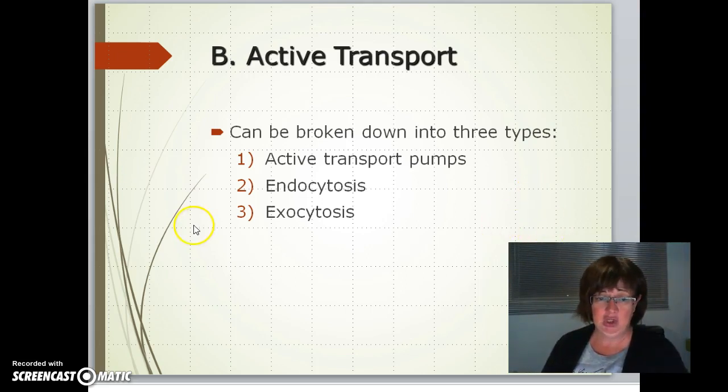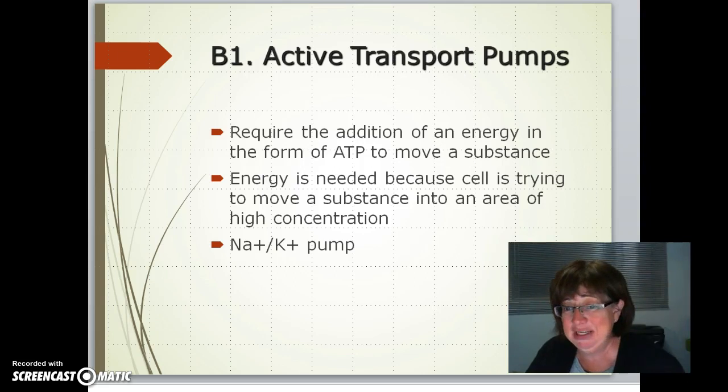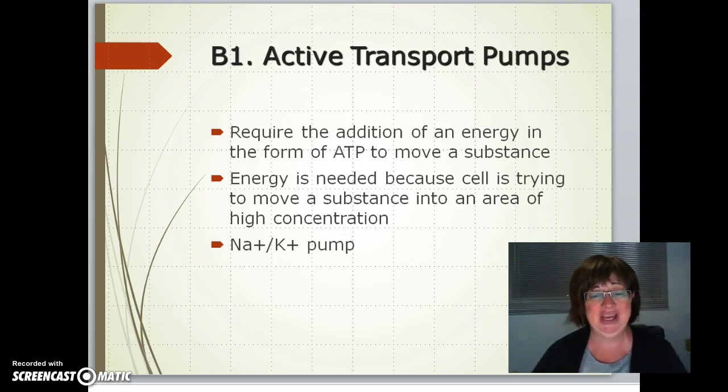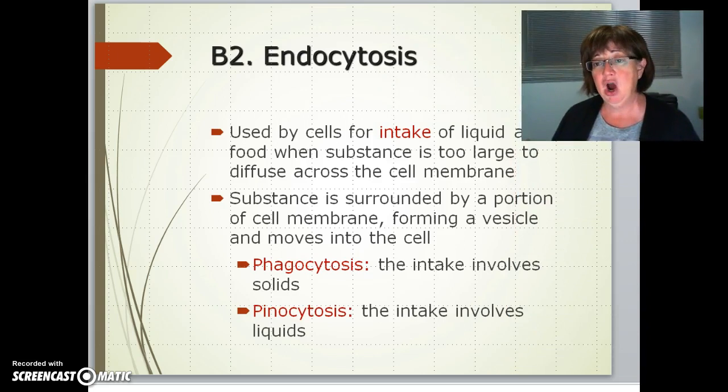So when you're looking at the pumps, the most common one is the sodium potassium ATP pump, and this is used in nerves and muscles to pump out sodium and pump in potassium, and the energy is used to set up this concentration gradient by going against the concentration gradient. Okay, that's active.